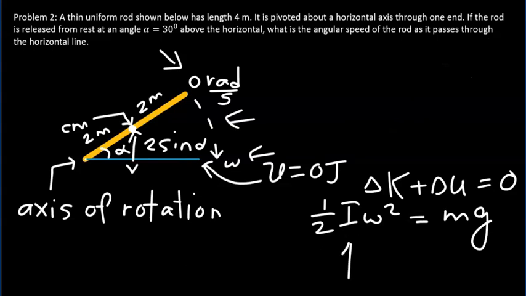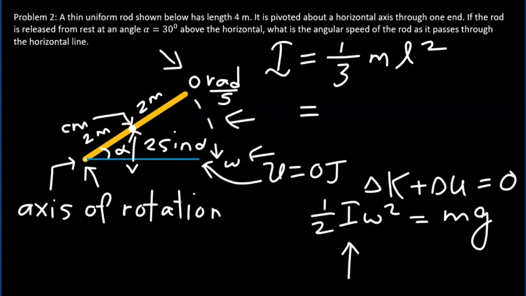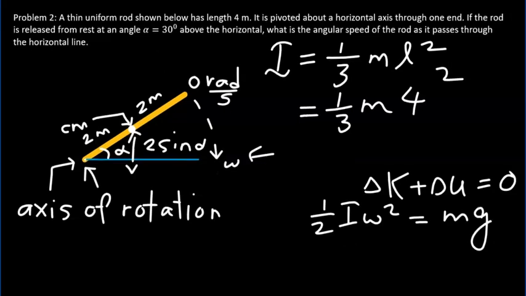I is the moment of inertia of this uniform rod. From our previous video on moment of inertia and using the parallel axis theorem, the moment of inertia of such a uniform rod about an axis passing through one of the edges is given by 1/3 times the mass times the length of the rod squared. So mass is m and L is 4, and 4 squared.